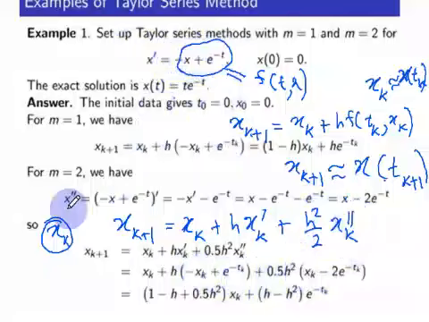You can find that x prime is this, so differentiate it with respect to t.